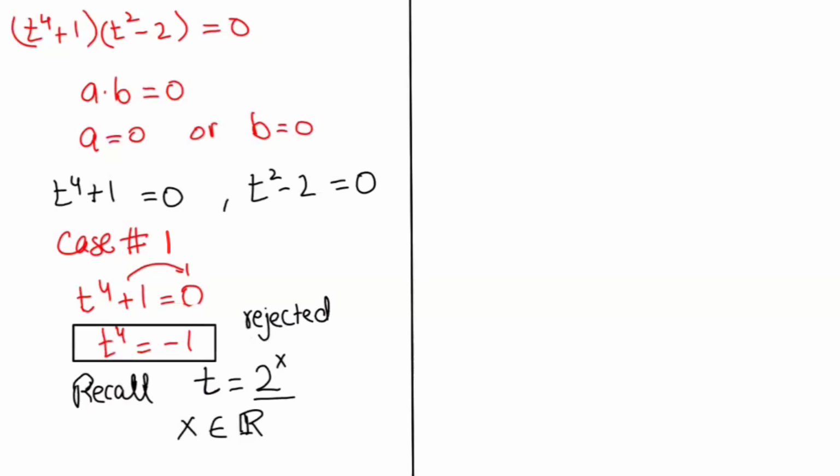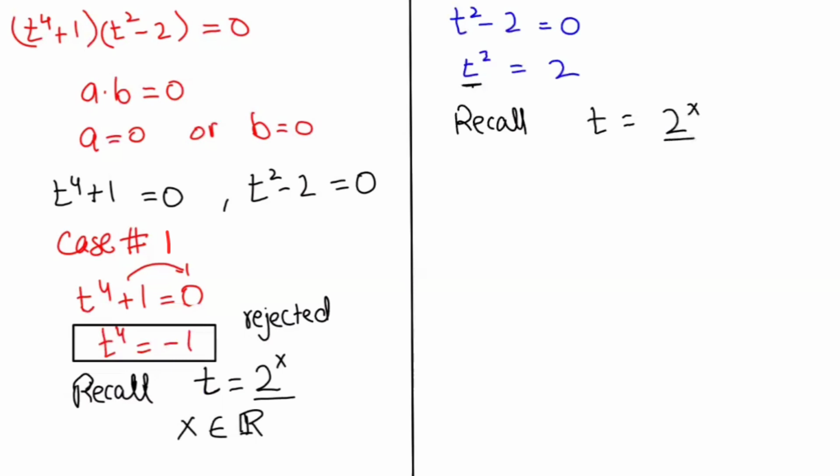Now we're going to solve our second case, that is t to the power of 2 minus 2 is equal to 0. We take this negative 2 to the right hand side. t to the power of 2 is equal to positive 2. Now I recall t is equal to 2 to the power of x, so in replacement of this, I plug in 2 to the power of x, whole to the power of 2, is equal to 2.